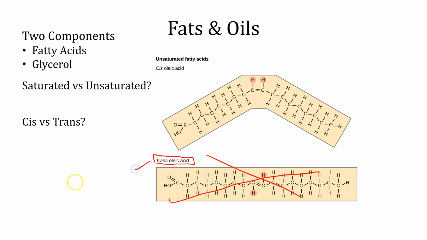Examples of trans fats are things like shortening or margarine. You've probably heard of those. They're both solid type substances, and they're solid because they started as a liquid and then the double bonds were changed so that they were trans and not cis.